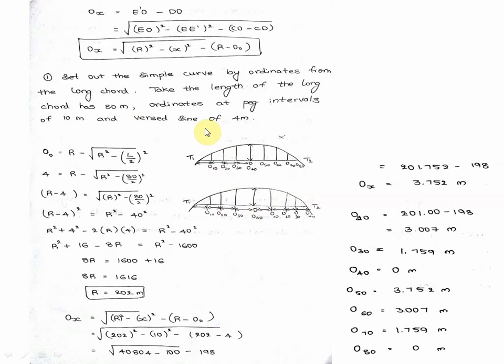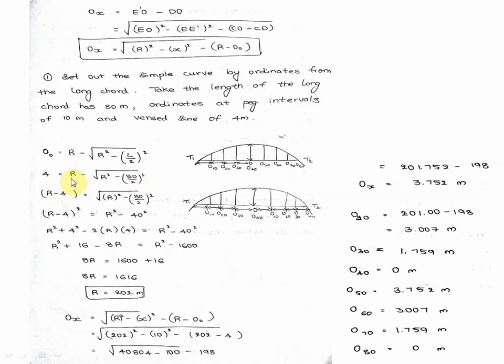Here they have given the length of mid ordinate, but they didn't give the value of R, the radius. So apply the formula O naught equals R minus root of R square minus L by 2 whole square. You know O naught value is 4 and L, that is long chord, is 80 meter. So put the values.